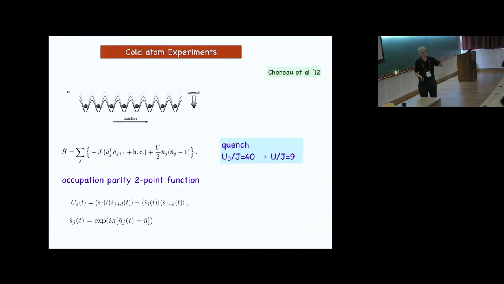They cannot tell experimentally whether they have 0, 2, 4, 6 atoms on a site or 1, 3, 5. So it's a density-density correlator modulo this uncertainty.